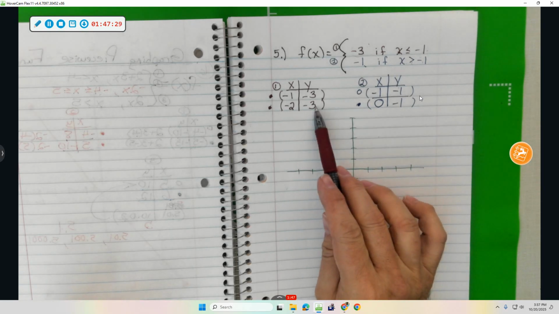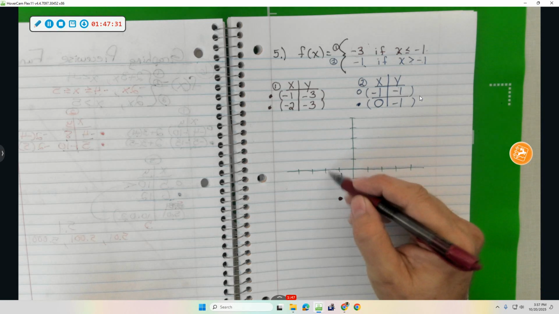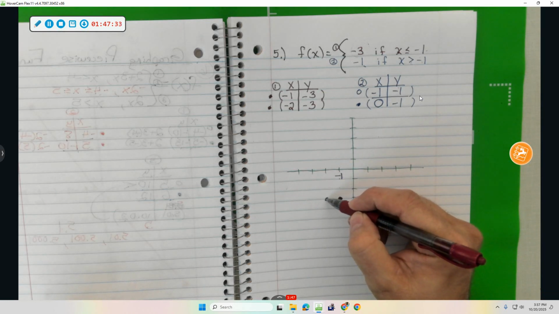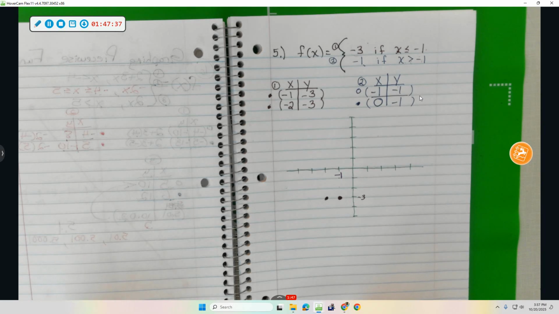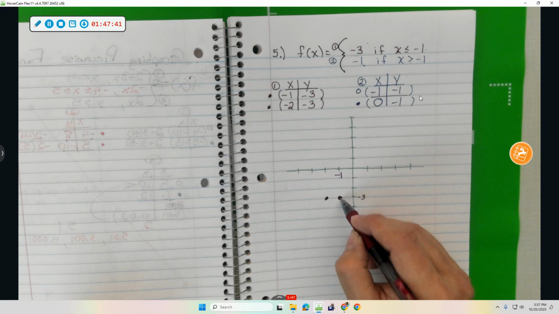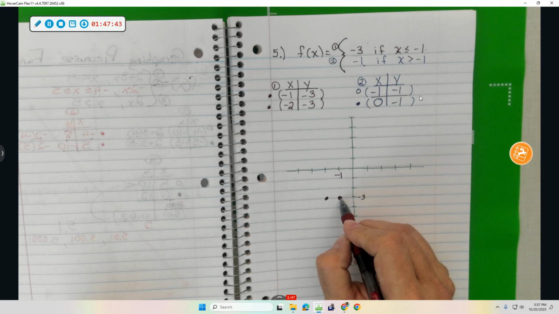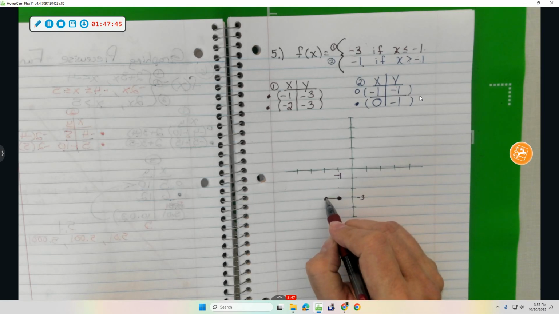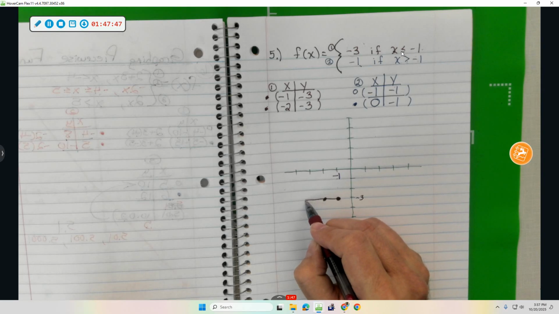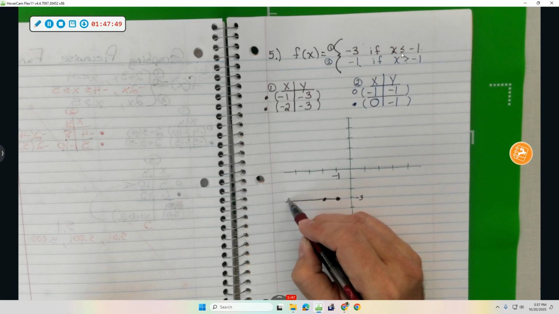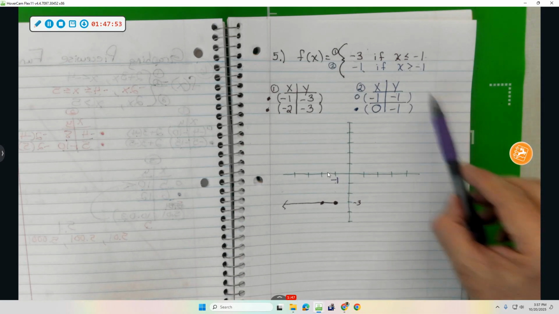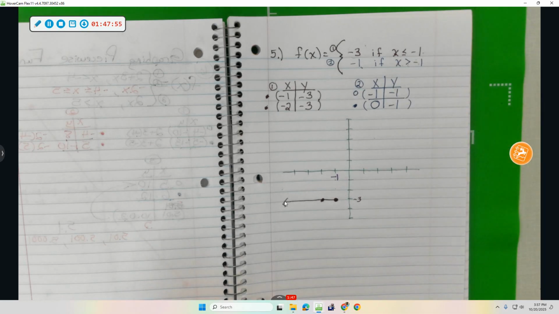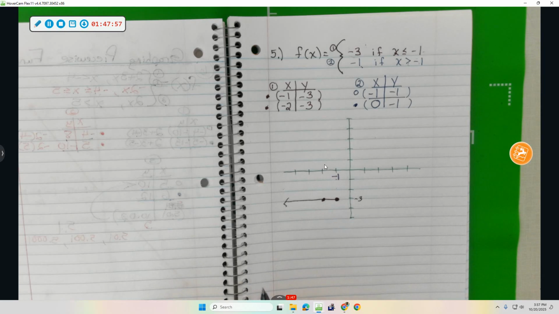Left 2, down 3, a dot that looks like a closed circle. The graph starts at the cut point, and then it keeps going to the left. That interval, x less than -1, keeps going to the left, so the left side of the graph has the arrowheads.